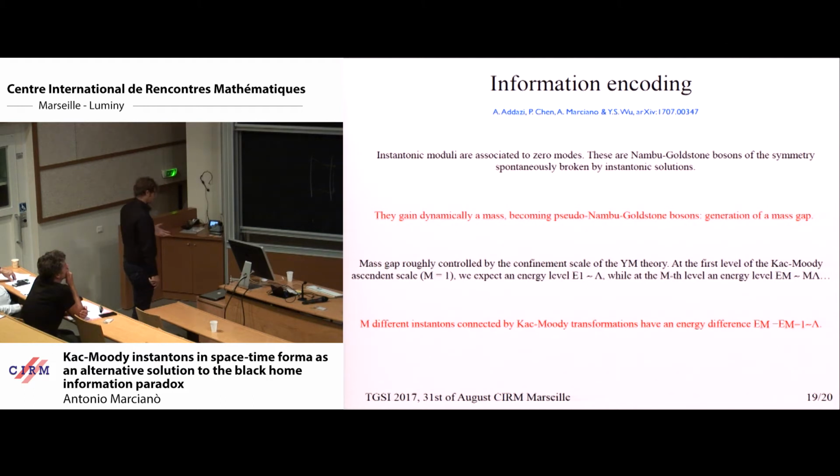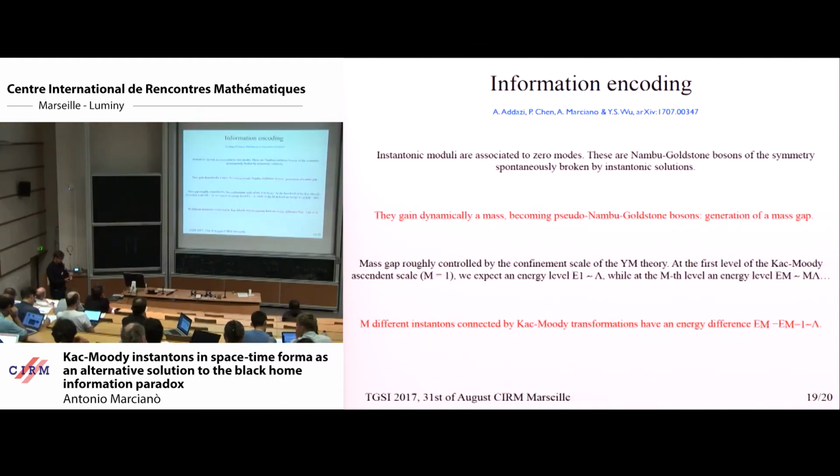So what does it mean? It means that if you have your infalling object, suppose it is classical, in a certain superposition, this will locally entail some microconstituents, which will excite this energy level and will imprint the Kac-Moody charges.